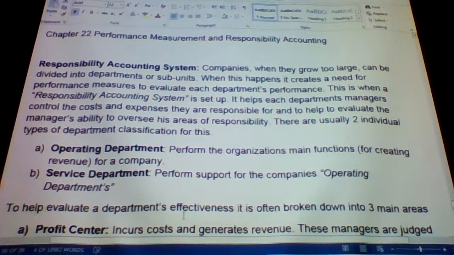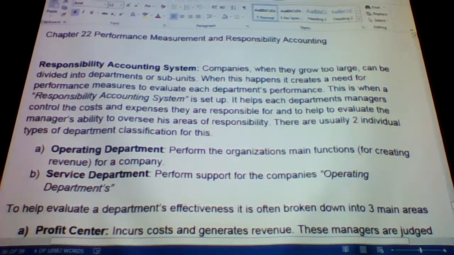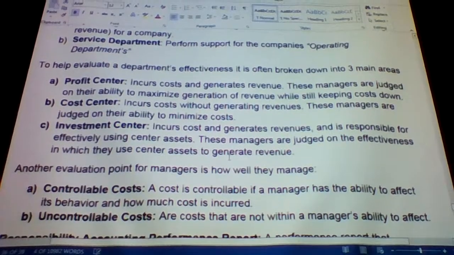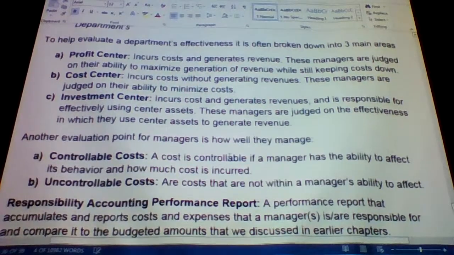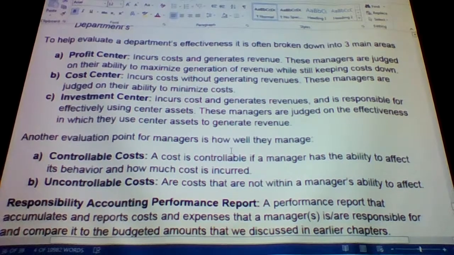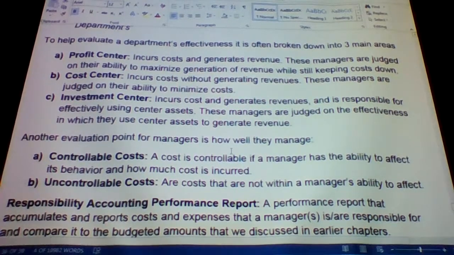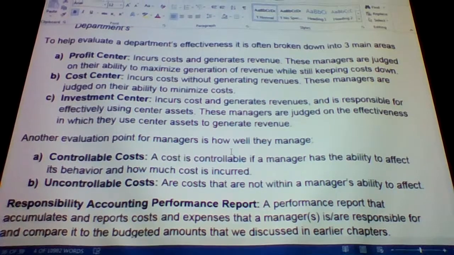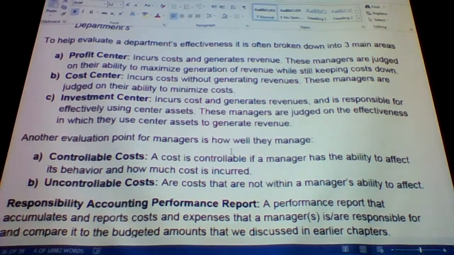To help evaluate a department's effectiveness, it is often broken down into three main areas. A, a profit center, which incurs costs and generates revenue. These managers are judged on their ability to maximize generation of revenue while still keeping costs down.